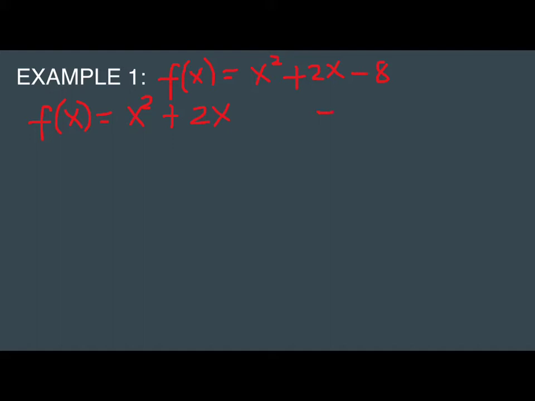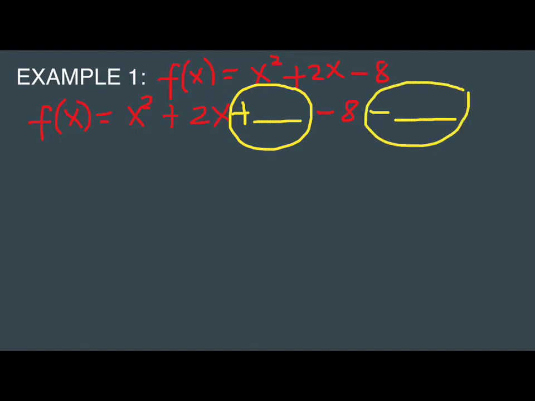I'm going to move negative 8 further away because I'm going to add something here later on. But the effect of what I'm adding will be removed because I'm also subtracting the same value. I hope that you understand that in this example.